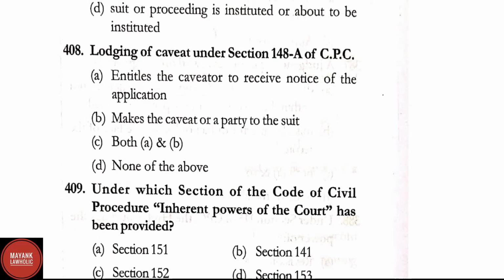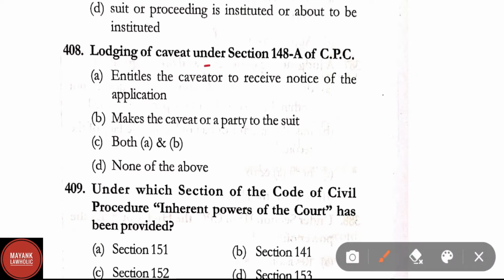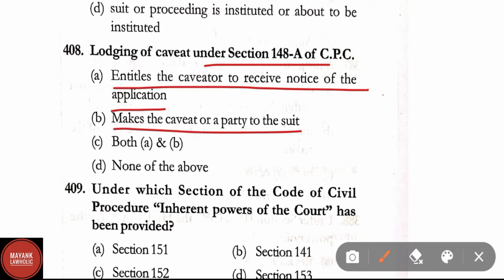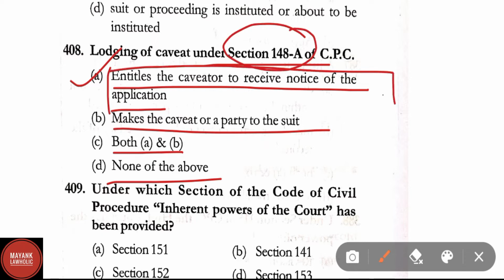Question number 408. Lodging of caveat under section 148 of CPC: option A, entitles the caveator to receive notice of application; option B, makes the caveator a party to the suit; option C, both A and B; and option D, none of the above. Here the correct answer is option A. Lodging of a caveat under section 148 of CPC entitles the caveator to receive notice of the application.